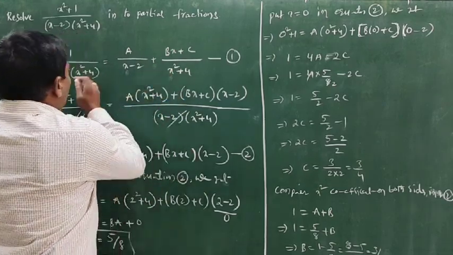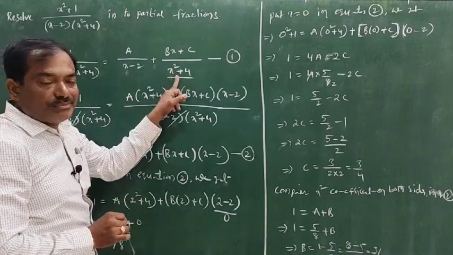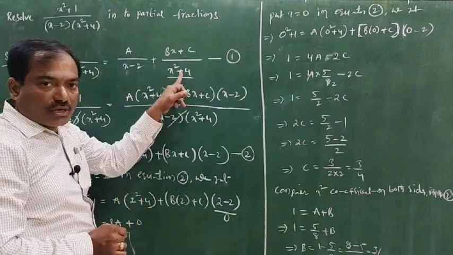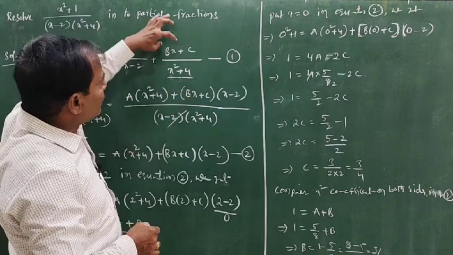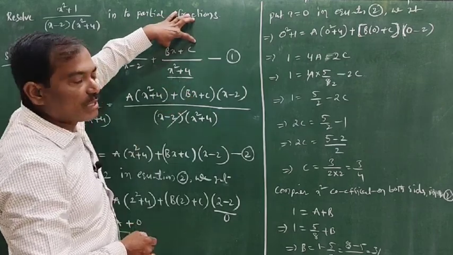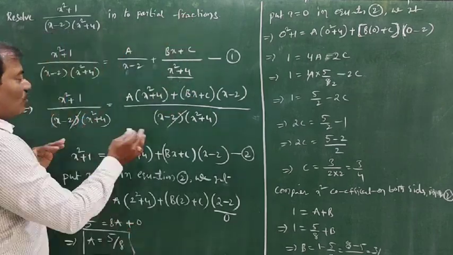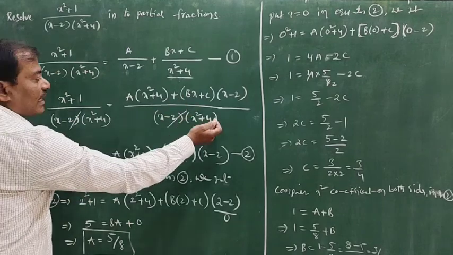If g(x) contains a non-repeated irreducible quadratic factor, that's why in the numerator we have to write bx + c. Now as well we have to find the LCM of the right hand side.